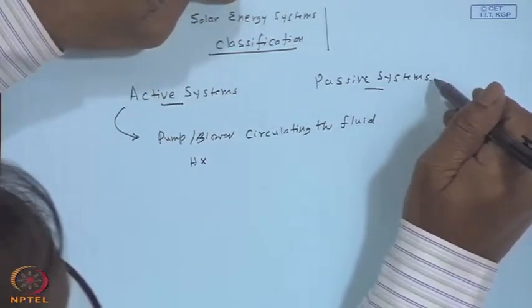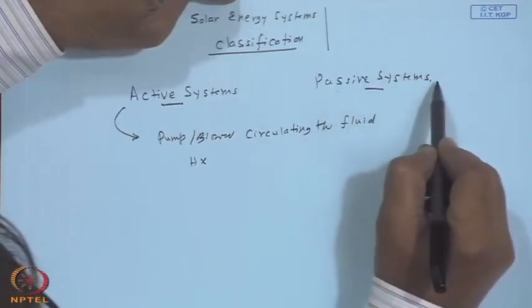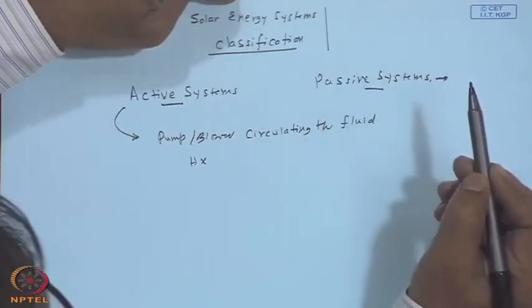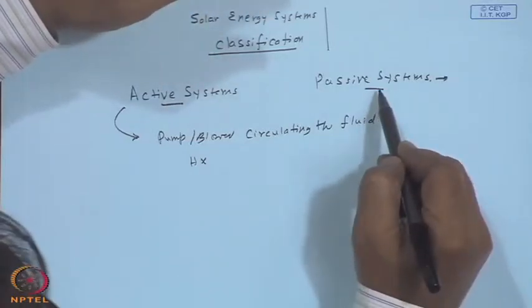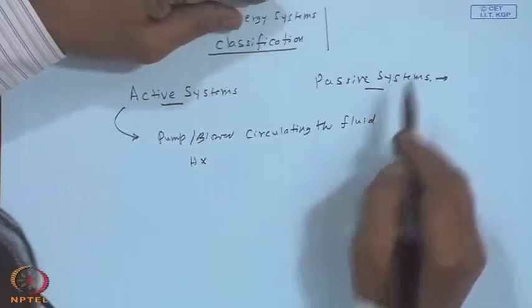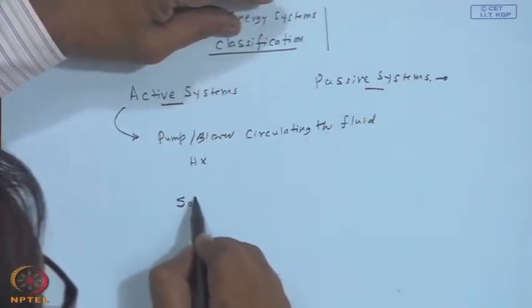And you can also give a counter example for a passive system, which could be external to the body. For example, a solar cooker.